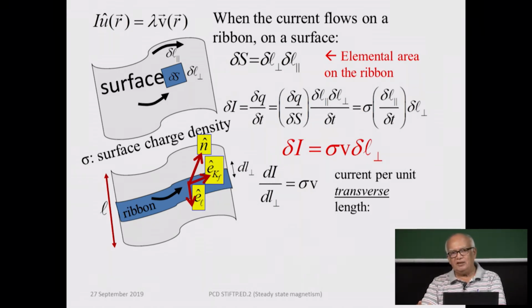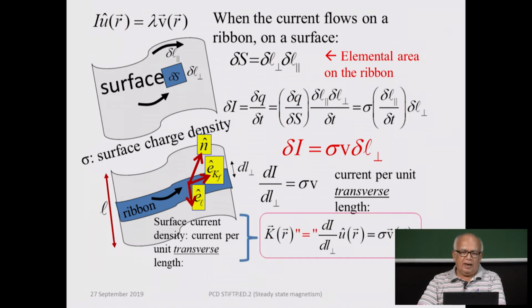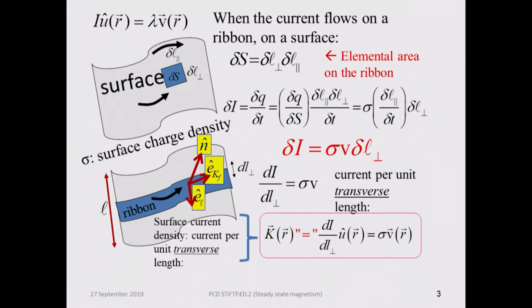The denominator is not the length along which the charge is flowing, but the length which is orthogonal to that, which is why this is called current per unit transverse length. And then you can talk about the surface current density, which is sigma times the velocity vector. So, this is the surface current density, which is current per unit transverse length. So, now you understand what is meant by transverse length.